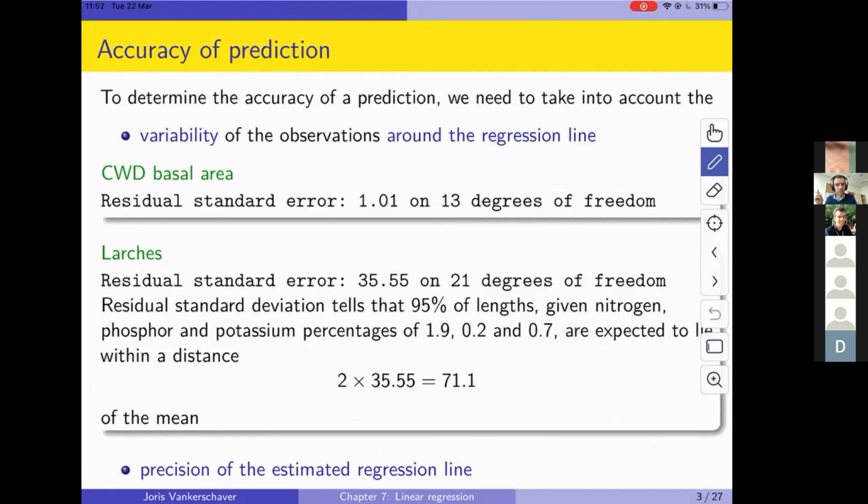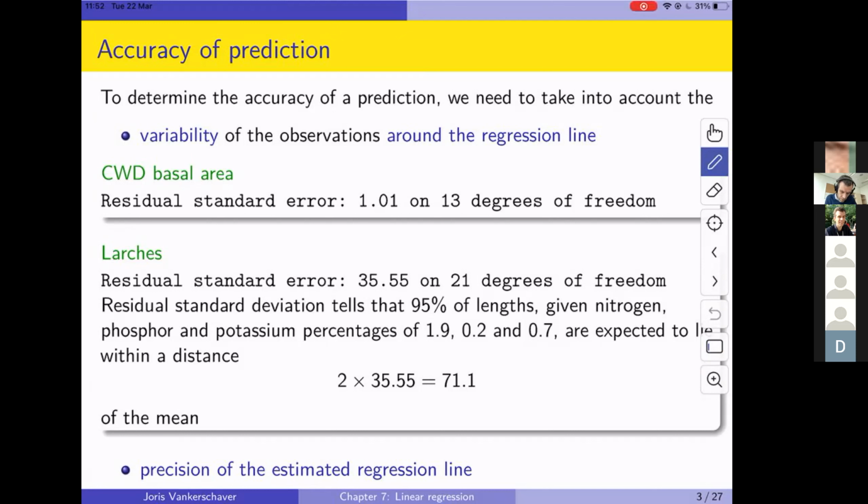And if we think back to when we started with simple linear regression, there are basically two sources of variability. There's, first of all, the variability in the residuals. How tightly are your observations clustered around the regression line?